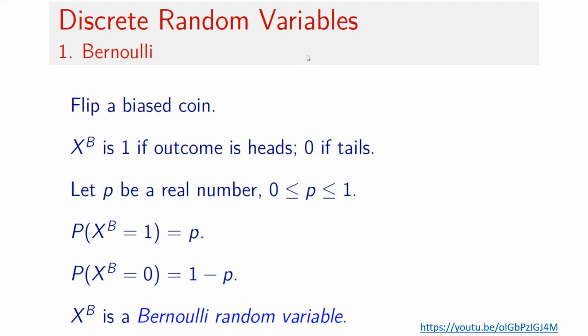So the idea here is that we have two options, success or failure, and capital X subscript capital B is a Bernoulli random variable. Remember that we are working here with random variables.